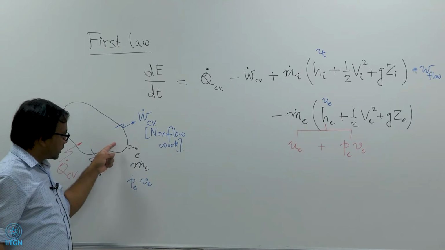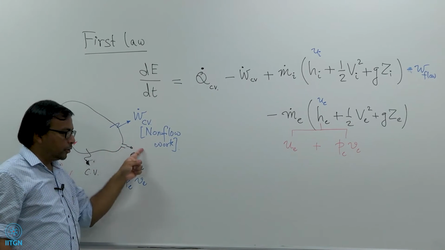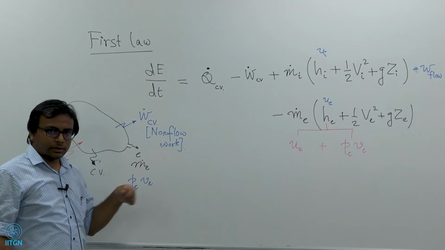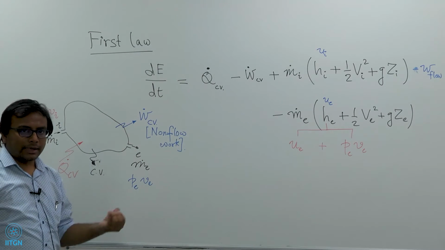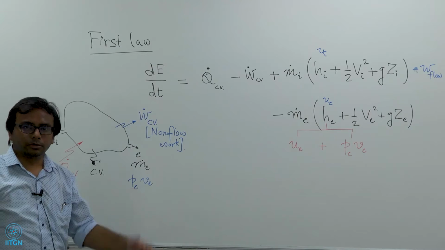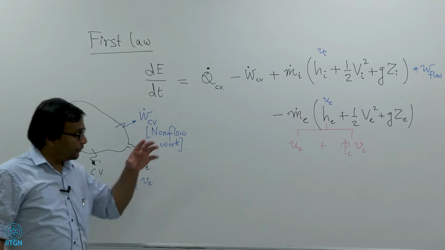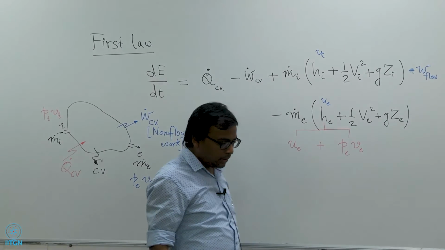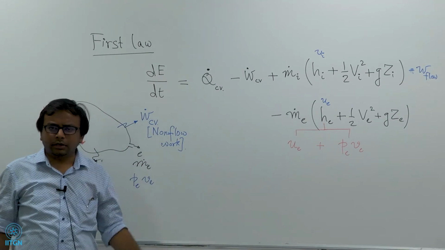Similarly, the work that the control volume is doing to sustain the flow, to push out the fluid from the exit, is going out of the control volume as part of the flow energy that is going out. So, that is one interpretation of these terms of the enthalpy that comes here, and there are also alternative interpretations, right.